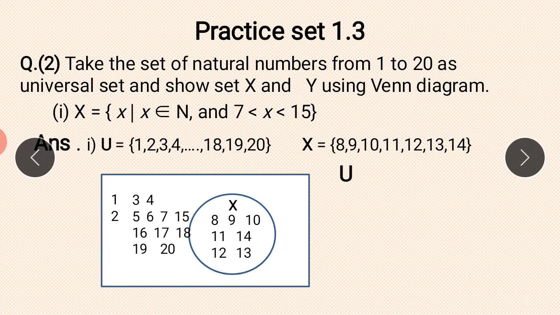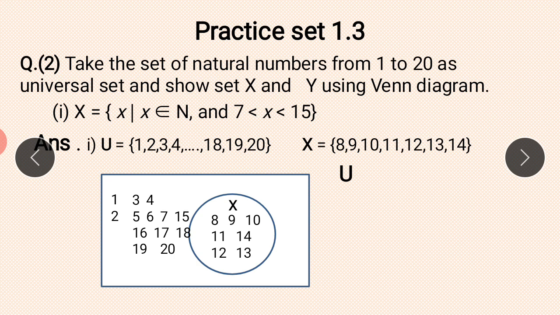Understood the question? So here I repeat, take the set of natural numbers from 1 to 20 as the universal set. Means the universal set contains which numbers? Natural numbers from 1 to 20. So right here, universal set U = {1, 2, 3, 4, up to 20}.